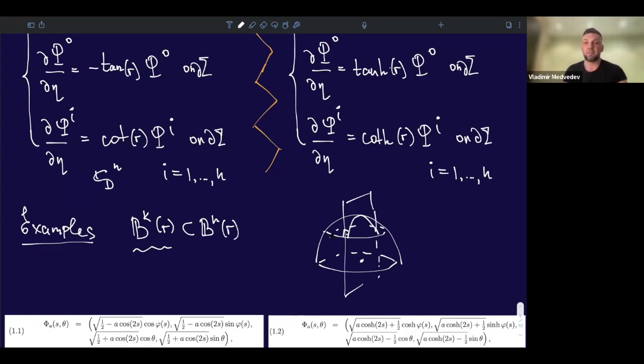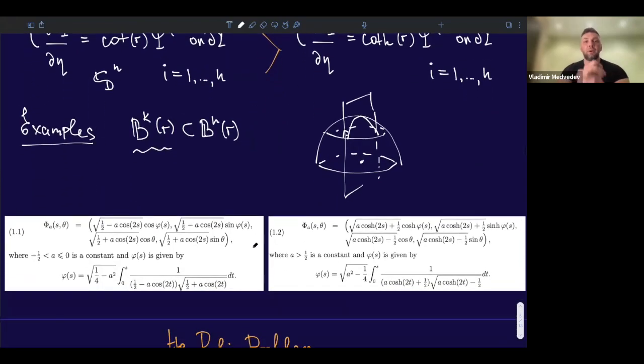The same fact also holds for the geodesic balls in the hyperbolic space.